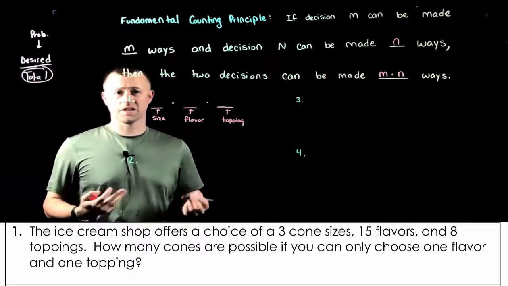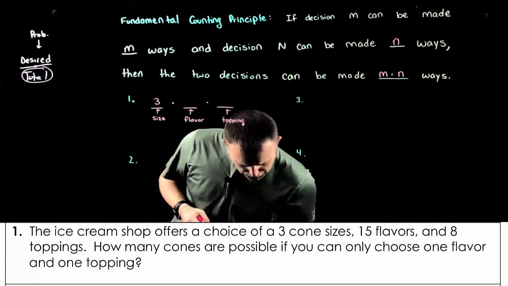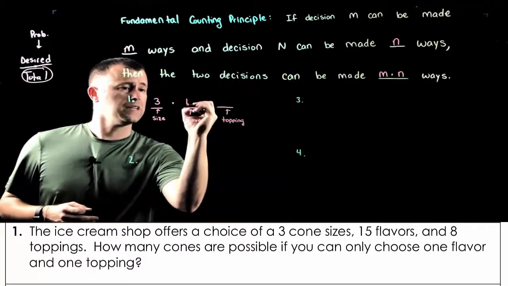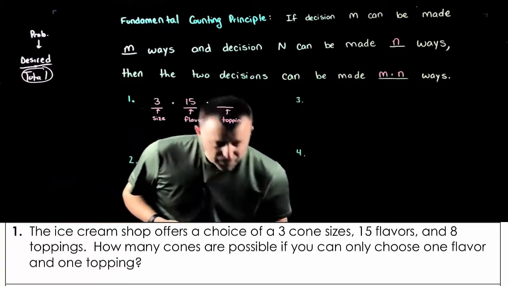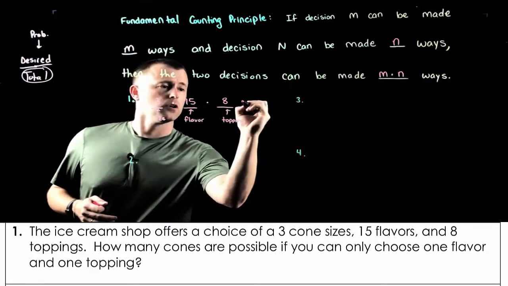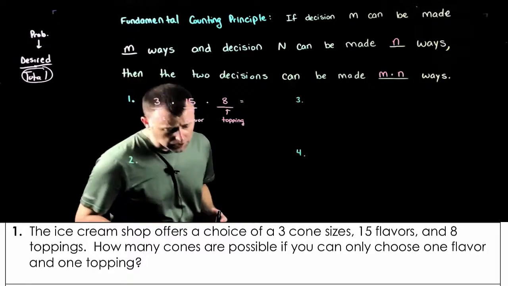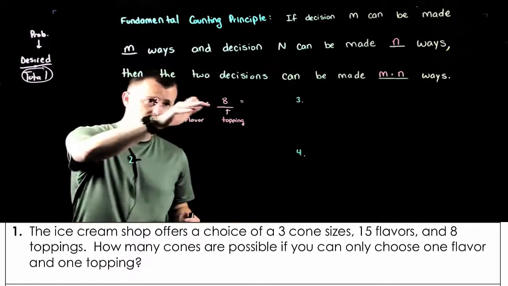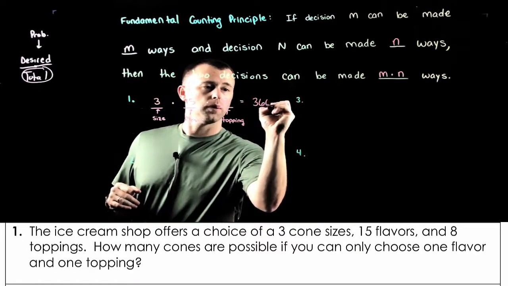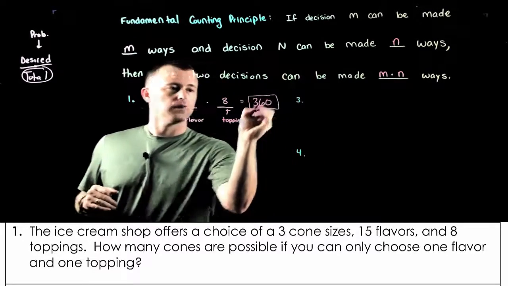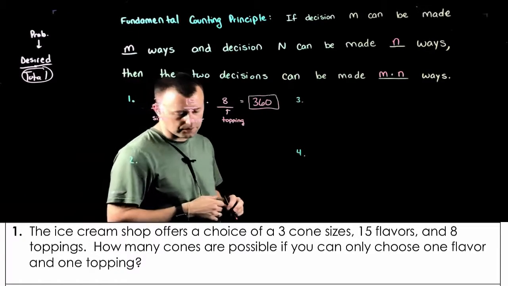When you pick a size, there are 3 sizes to choose from. When you pick a flavor, we have 15 flavors. And when you pick a topping, we have 8 toppings. So to figure out how many possibilities there are in total, we multiply those together. 3 times 15 times 8 is 360 total possibilities. So that is number 1. And again, all we're doing is multiplying those things together.